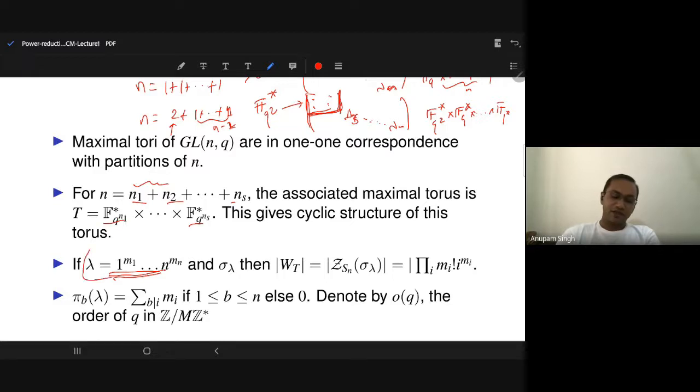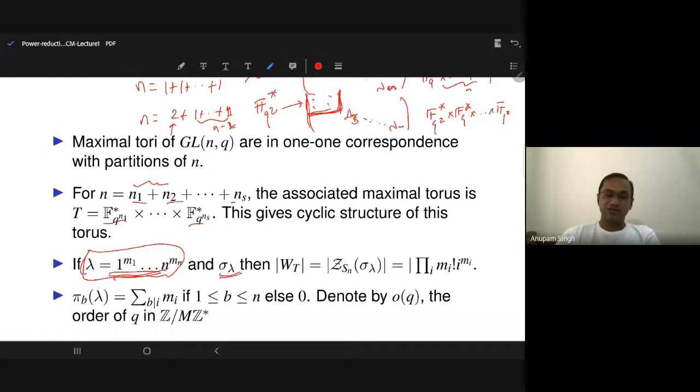You also know that the partitions of n also describe conjugacy classes in the symmetric group Sn. And the symmetric group Sn is basically the Weyl group of GLn over K. So obviously the symmetric group is going to play a role here. What you do is look at the partition lambda, which is 1 to the power m1, 2 to the power m2, and so on.